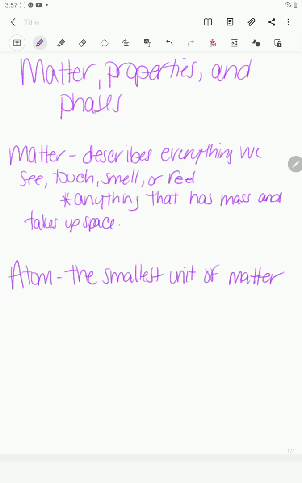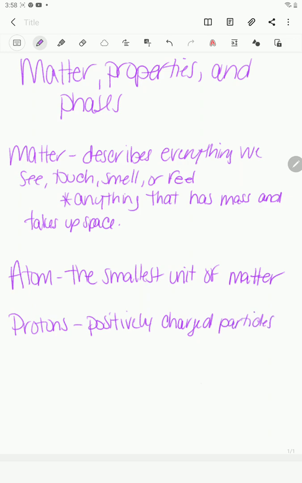So atoms are made of smaller particles, and we have protons, which are positively charged particles.